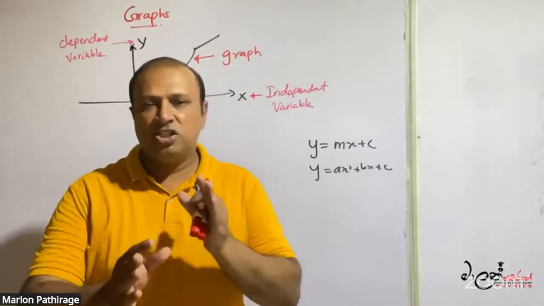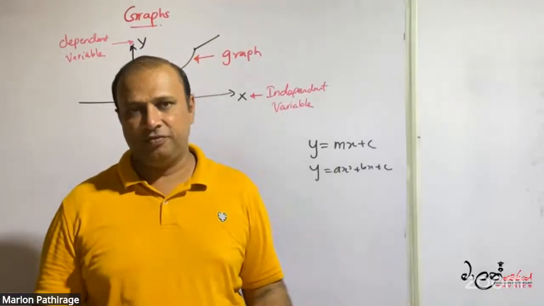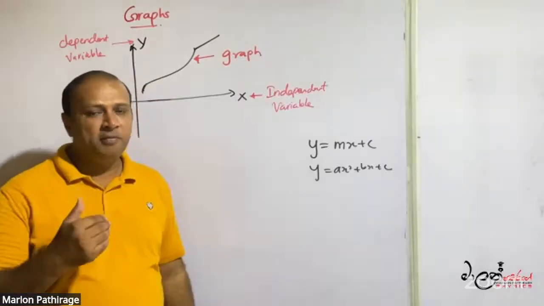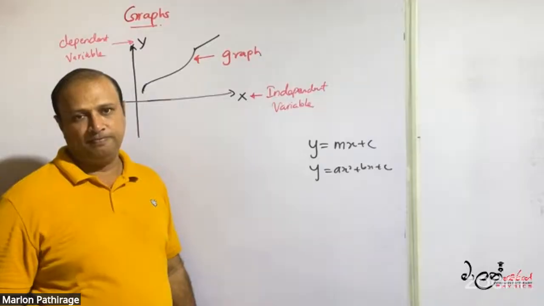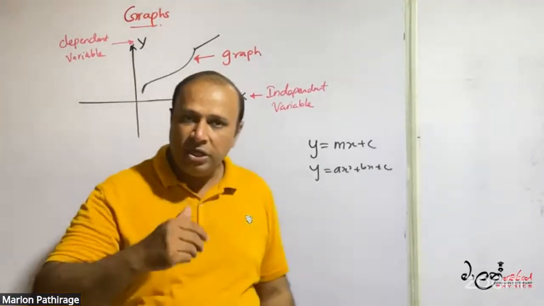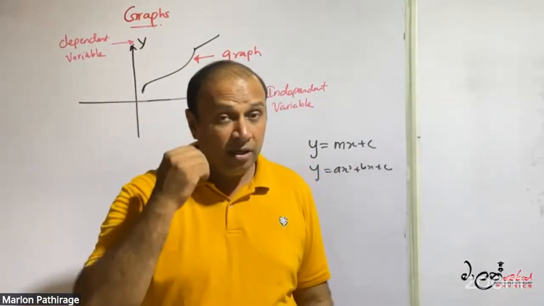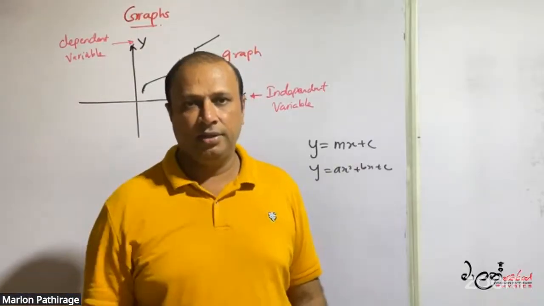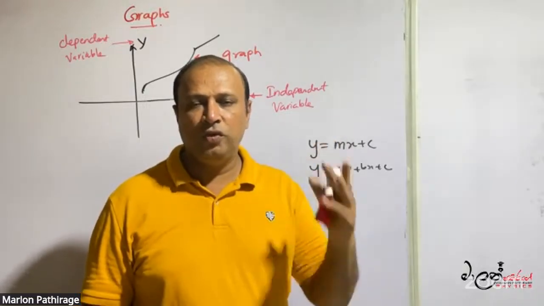The relationship may be any relationship, but when you are building a relationship to draw a graph, there should be two variables.